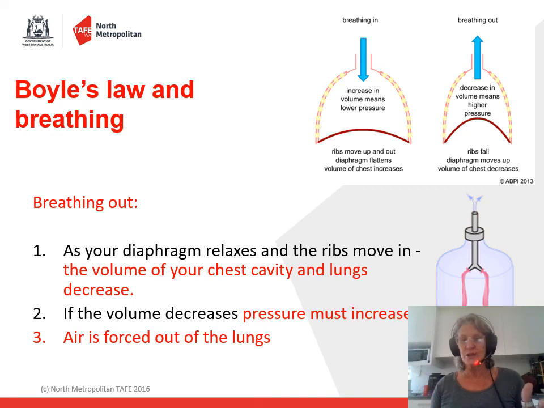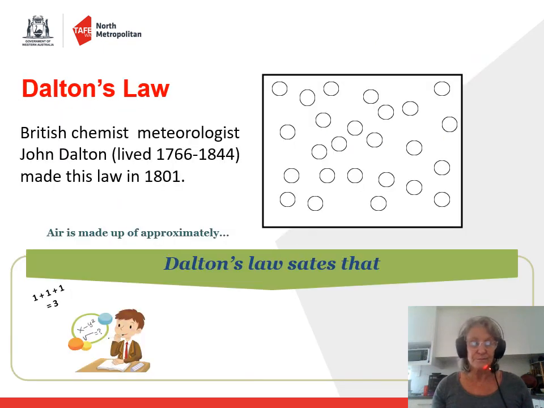Now my pressure in the lungs is huge compared to outside, and the air naturally flows down its pressure gradient outside. Now, you definitely need to be able to discuss Boyle's law and breathing. That was a pretty bad description, so go and look at a video, and there's a couple in your learning material.